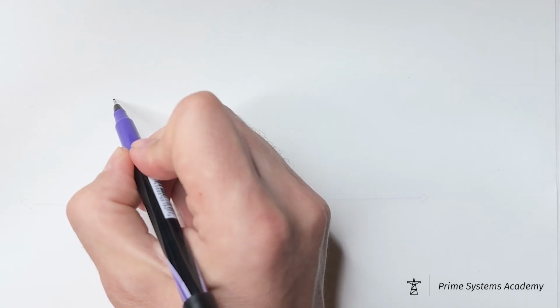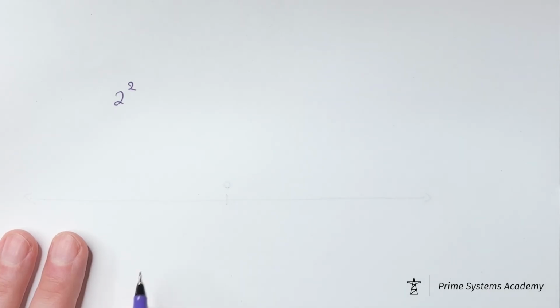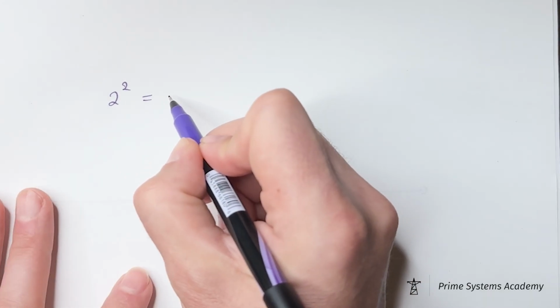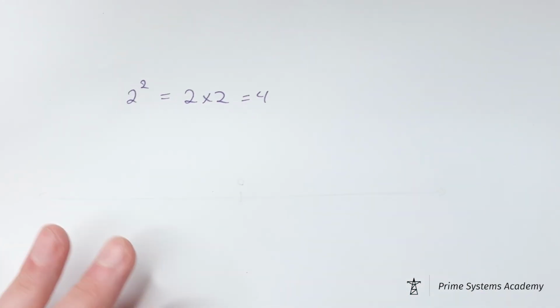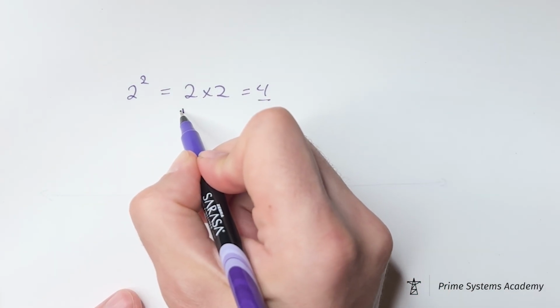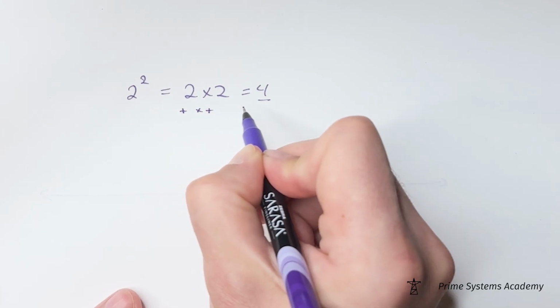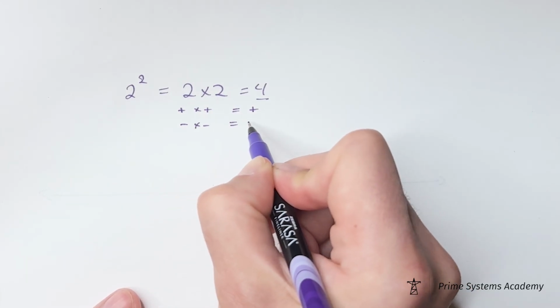So when you square a number, like 2 squared, it's multiplied by itself. So this is equal to 2 times 2, which is equal to 4. It's always going to be positive because a positive times a positive will always equal a positive, and a negative times a negative will also always be a positive.